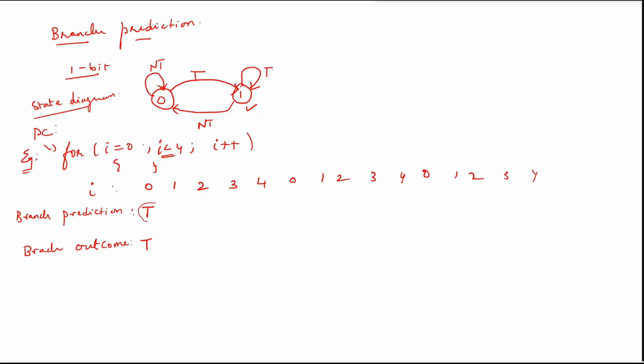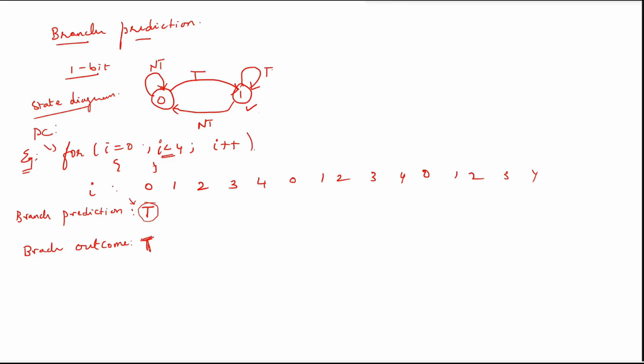We take this as the initial assumption. Now the branch predictor is in state 1, and the actual outcome is also taken, because when i is 0 it will enter the loop.